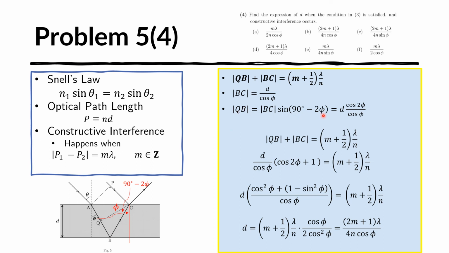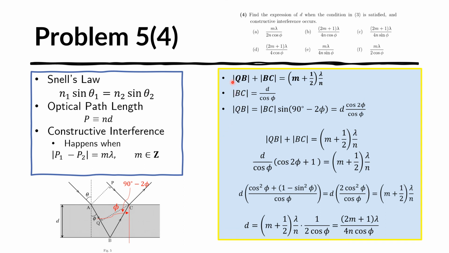We also know from trigonometry that this expression here is equivalent to cosine of 2 phi. And now we have this expression for QB. Here, we just replaced BC with the value here, and this becomes this.